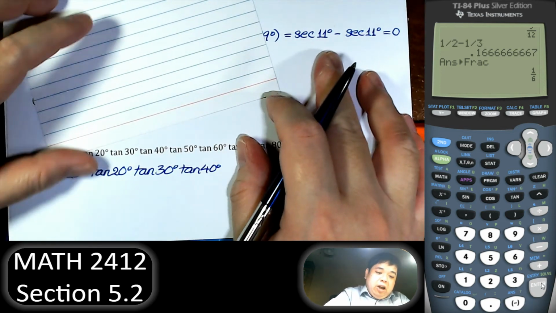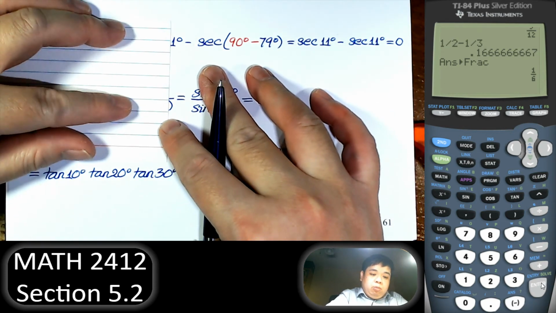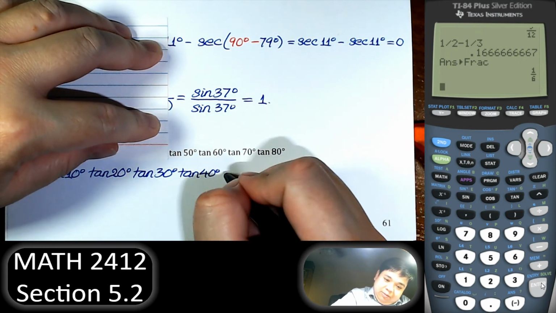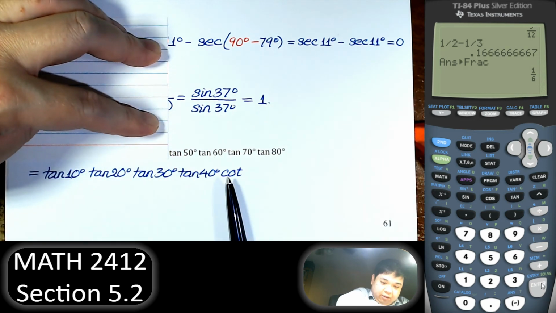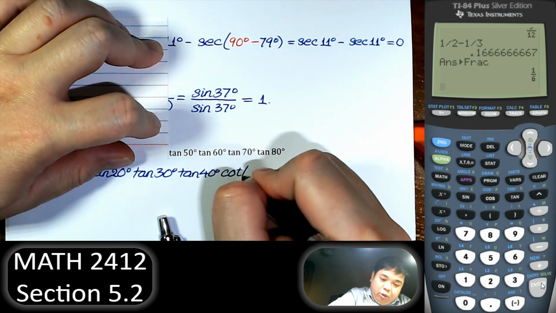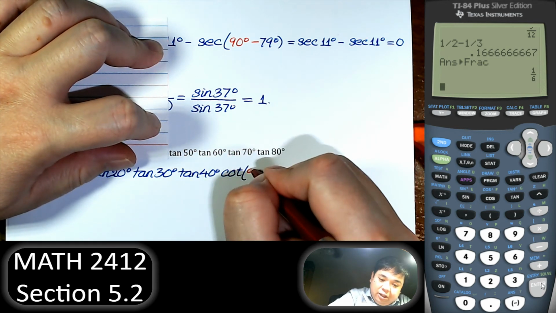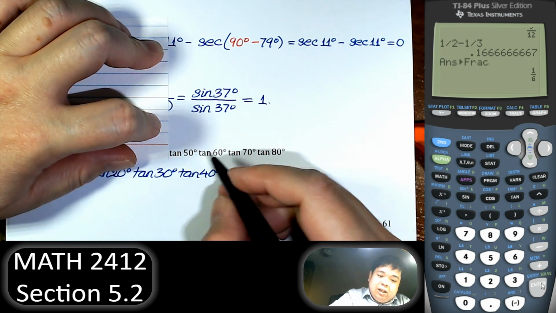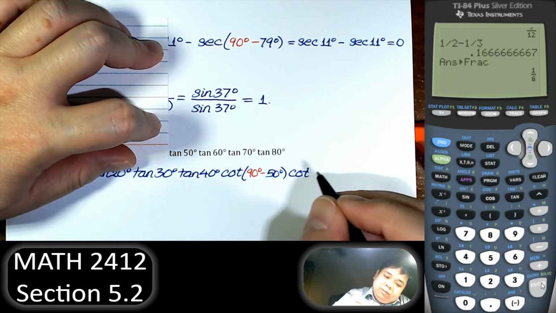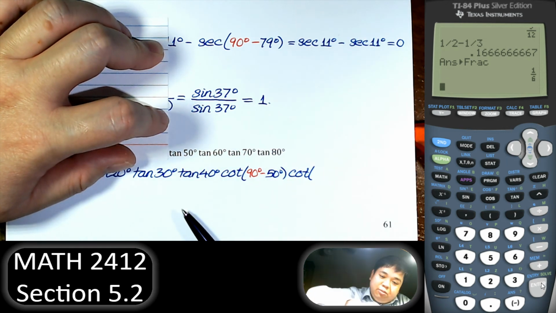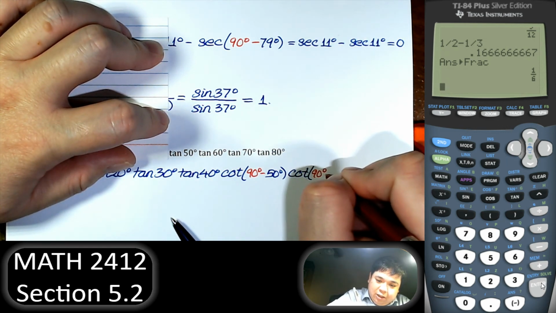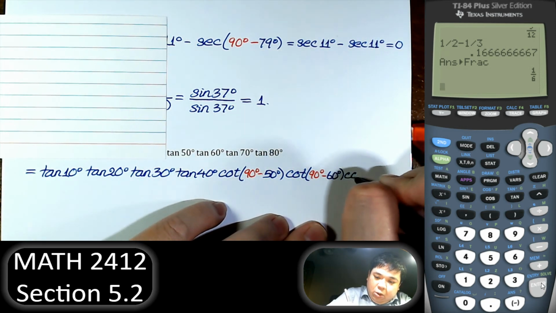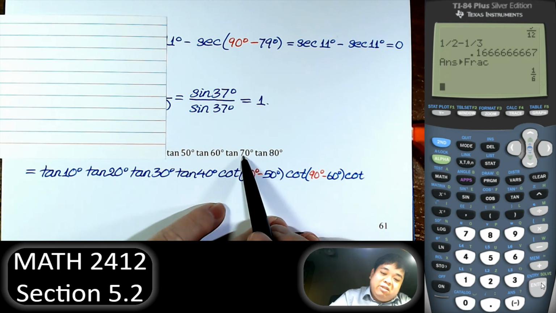The other half, I will use the co-function theorem. Tangent I will convert to cotangent. Instead of 50, we will have cotangent of 90 degrees minus 50, and then cotangent of 90 degrees minus 60, and then cotangent of 90 degrees minus 70, so that will be 20.